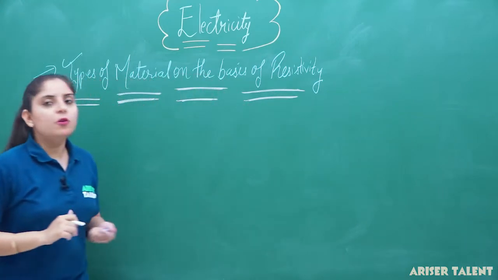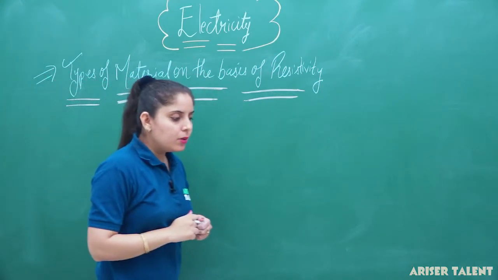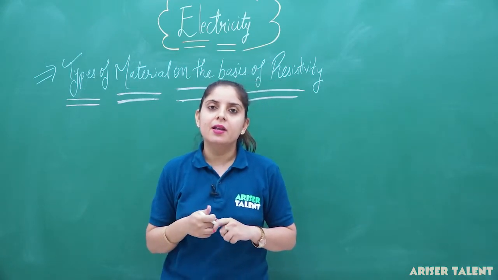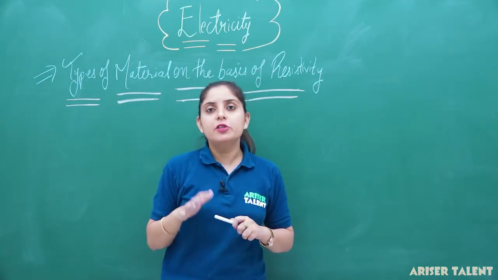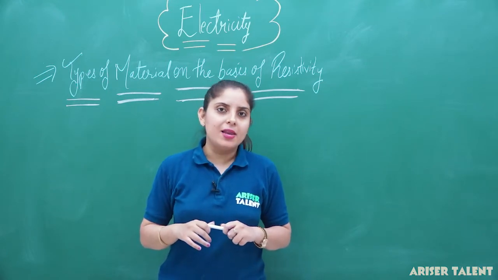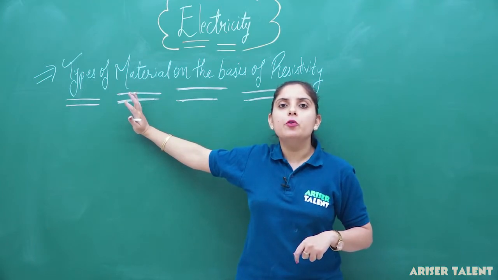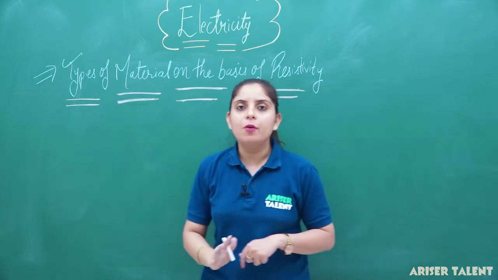Now, before this topic, we have discussed the types of material, that is the conductor, insulator and the semiconductor, and in that case we discussed in reference to the availability of free or valence electrons. But how will resistivity determine the nature or type of the material?